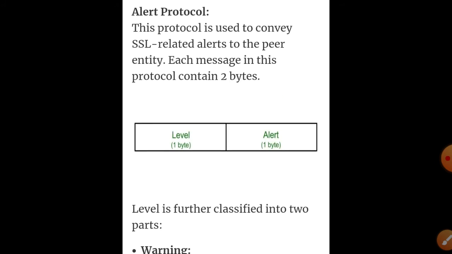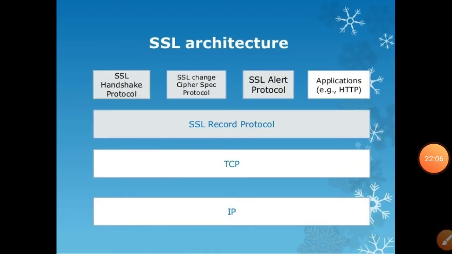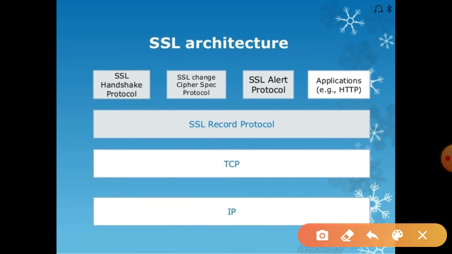So these four are the SSL architecture protocols: the record protocol, handshake protocol, change cipher spec protocol, and the alert protocol. What does the record protocol do? It takes the message from the application layer and divides it into fragments. After that it is compressed.